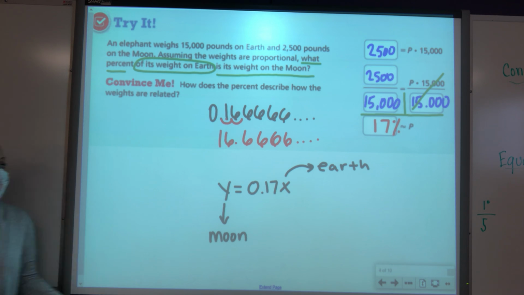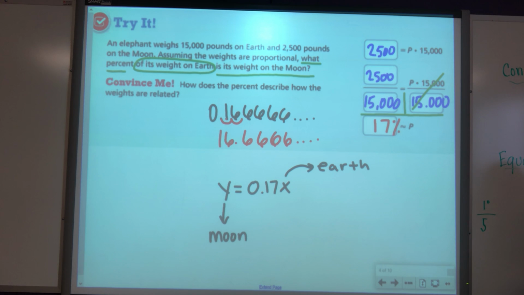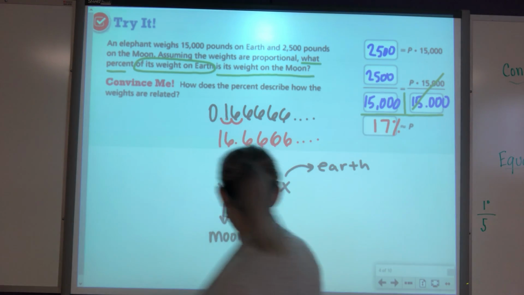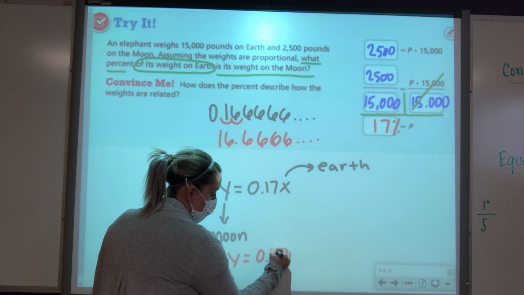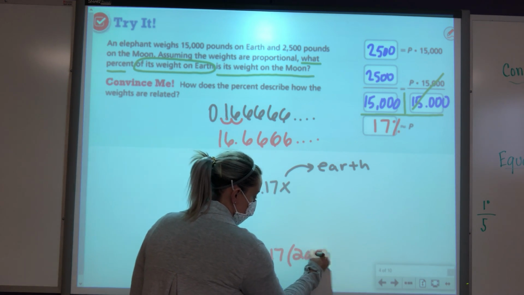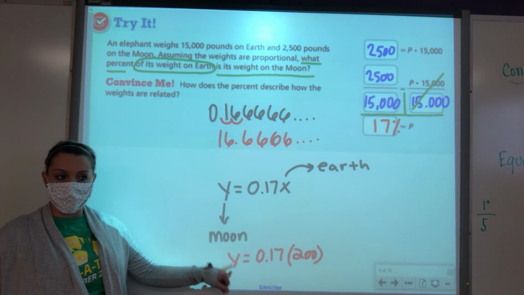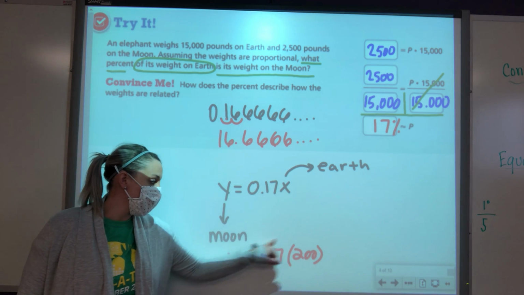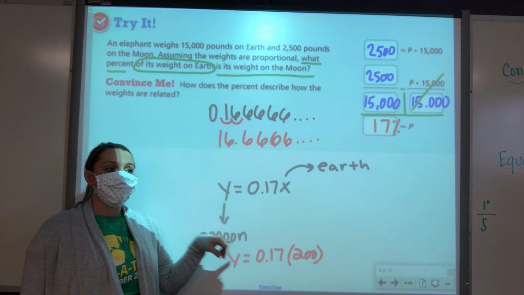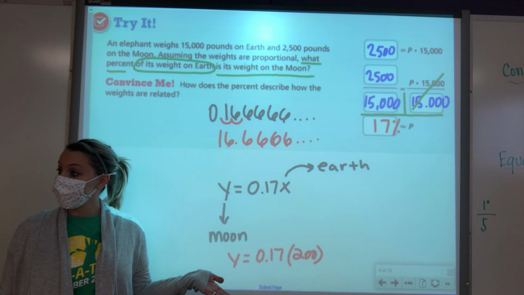Okay. So, if someone weighs 200 pounds, that would mean y equals 0.17 times 200, and y would be their weight on the moon. Okay? Because it's proportional, we weigh 17% of our original weight on the moon.